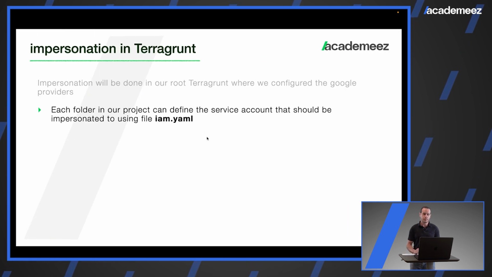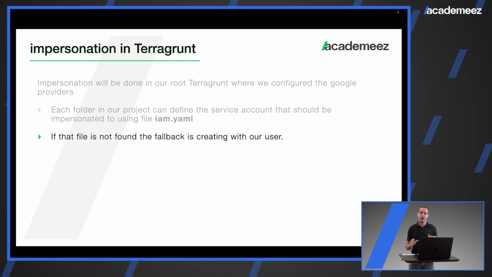Each folder in our project can place a file called IAM.yaml, for Identity Access Management, that contains the service account that we need to impersonate in order to create resources in that folder. Basically, whenever you're in a folder in Terragrunt, you're going to automatically impersonate the service account in the IAM.yaml file.